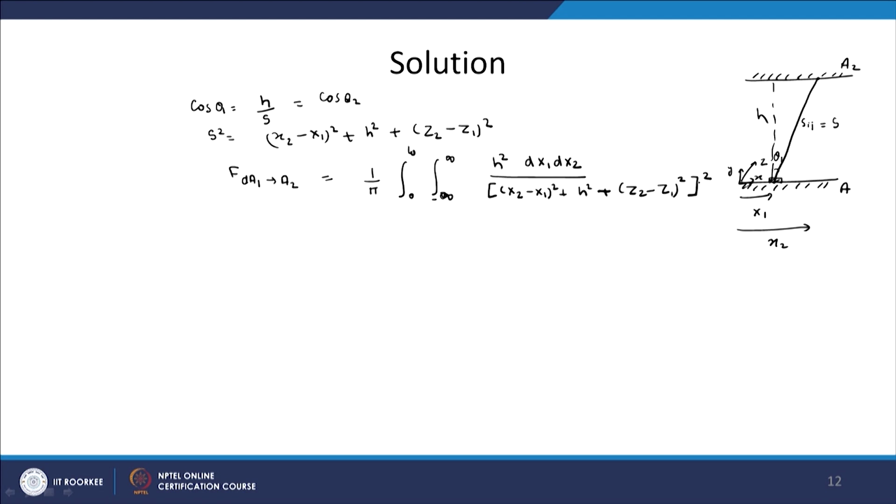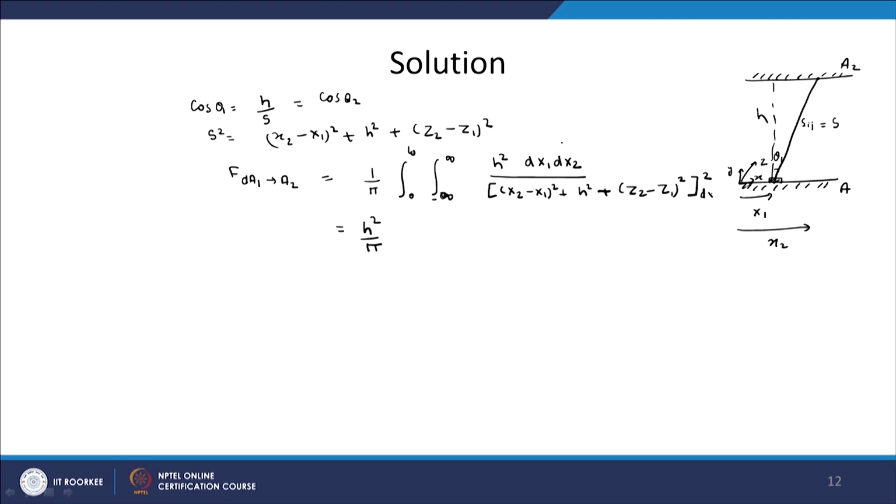Remember, s square is already there in the expression, but we have s in cos theta also. So, in the denominator we end up with s power 4. We can evaluate this; h square is constant and can be taken out, upon pi. First we can integrate with respect to, so this is going to be dx1 dz dx2.